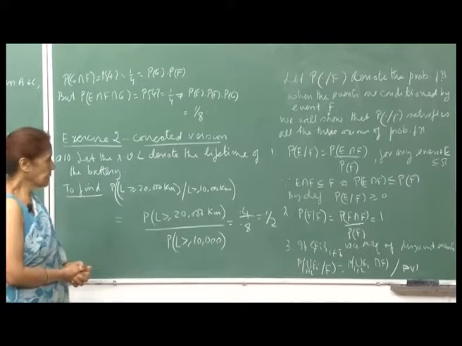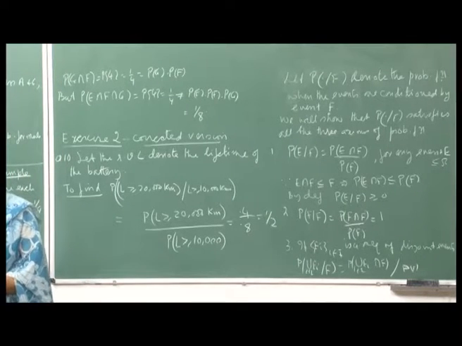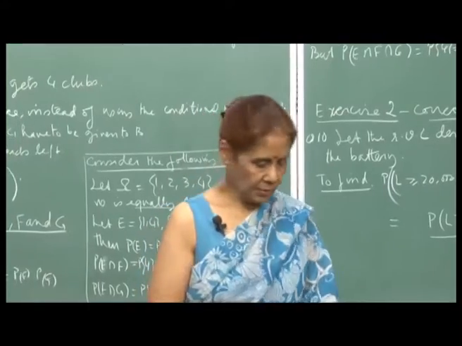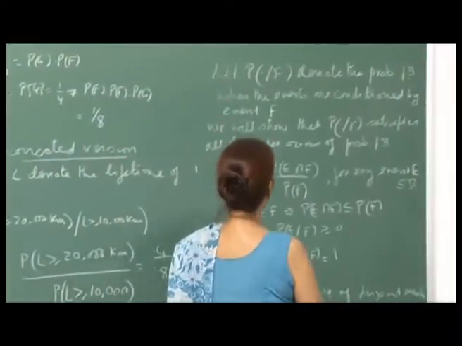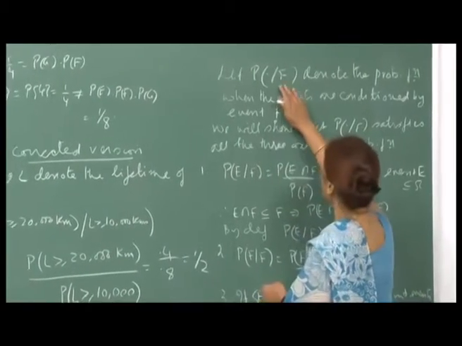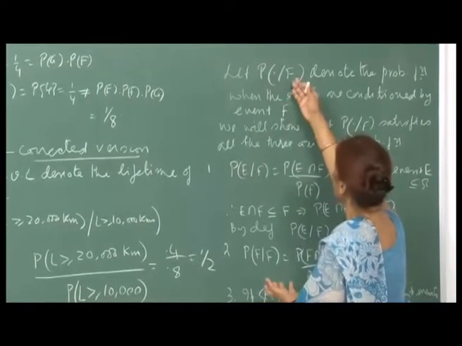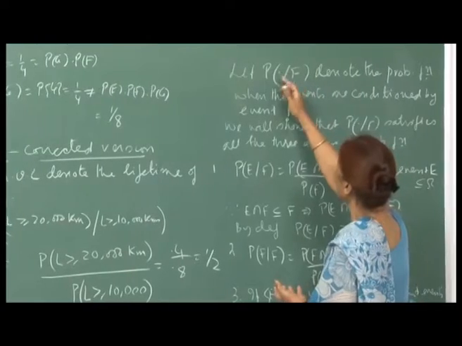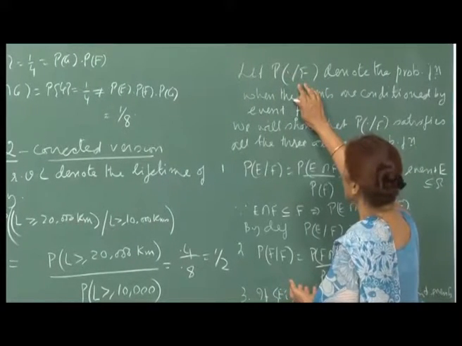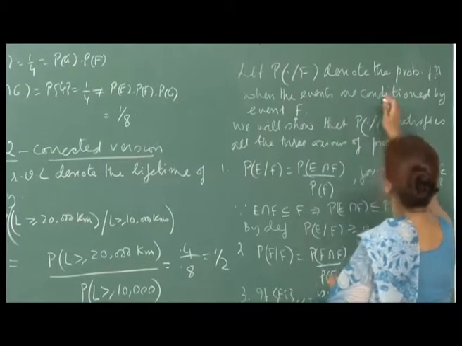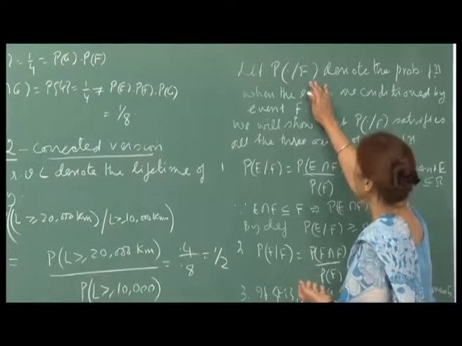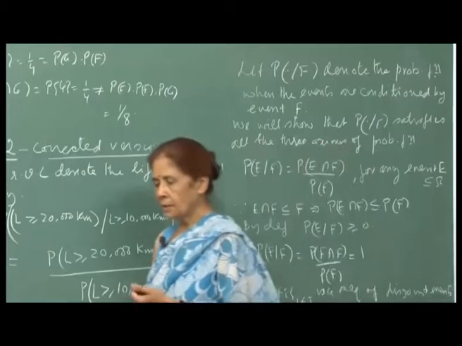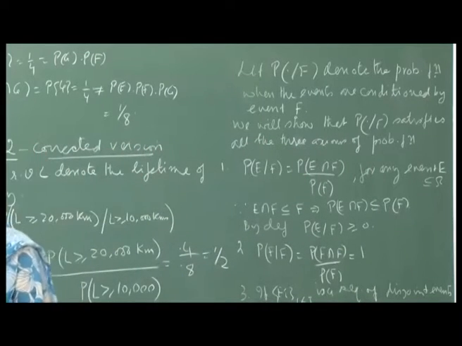We have talked of conditional probability, but I just thought I should formalize this some more. We are defining, given an event F, the conditional probability of events conditioned on F. We want to show that the conditional probability function you have defined here satisfies the 3 axioms of probability.